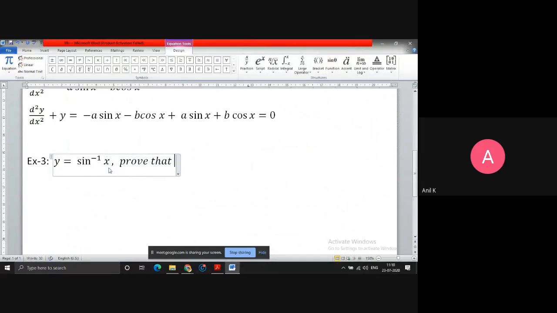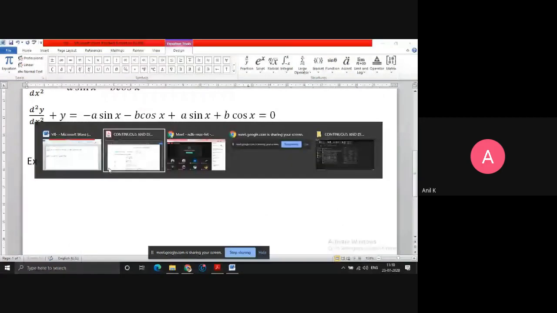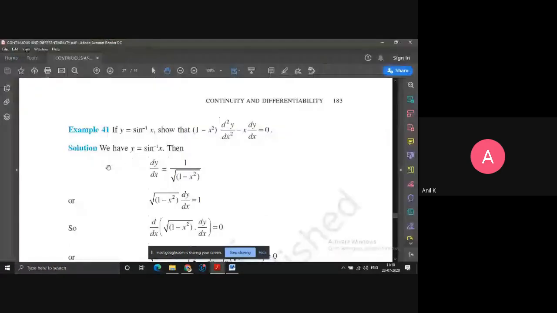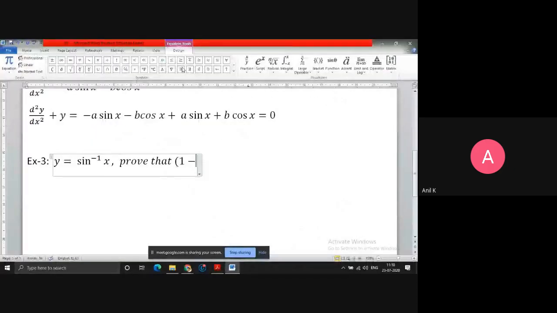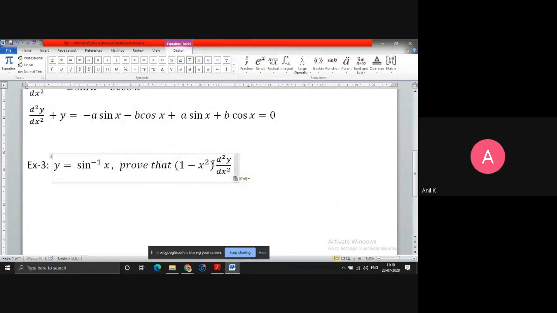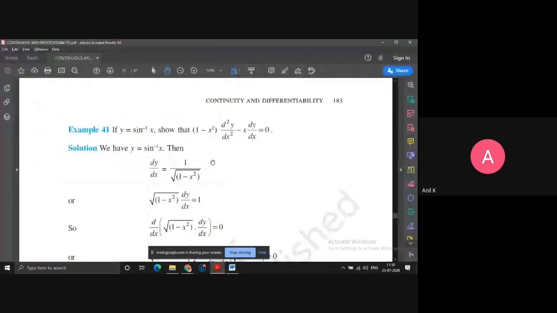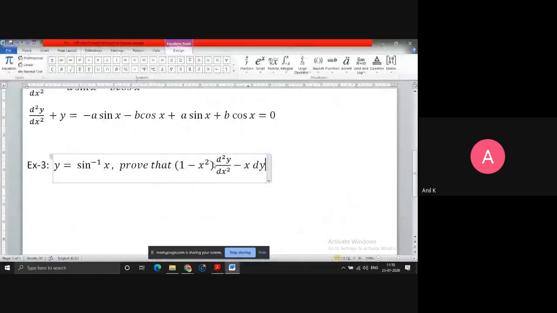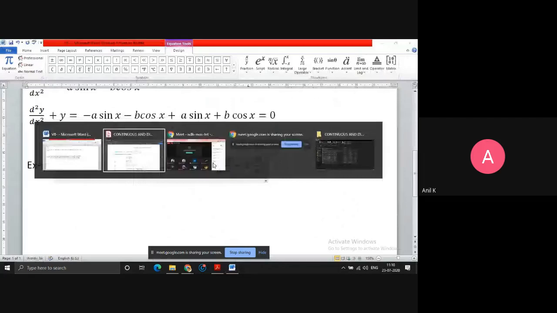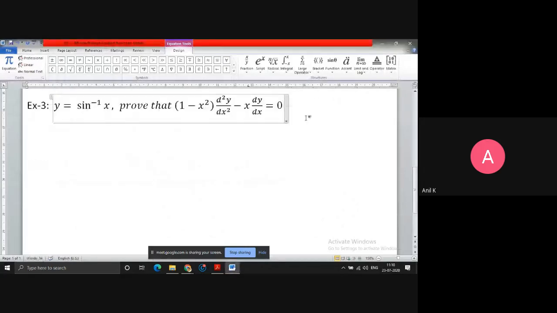Prove that 1 minus x square into d square y by dx square, minus x into dy by dx, is equals to 0. So this is what you have to do in this example.